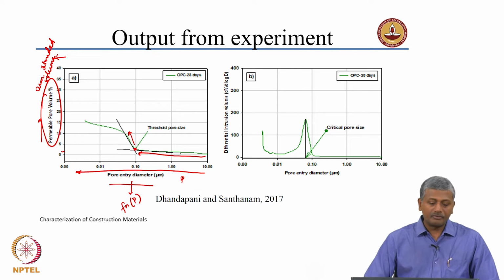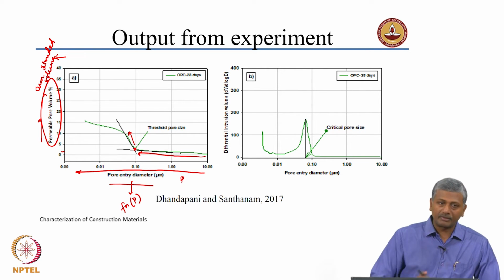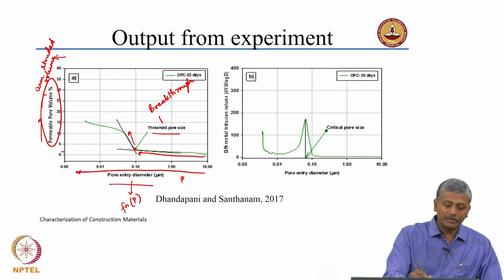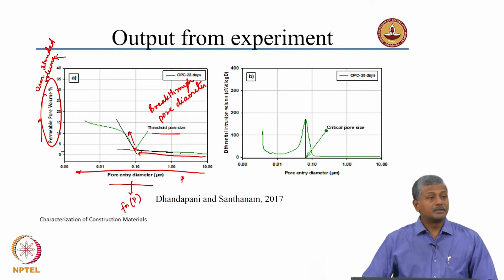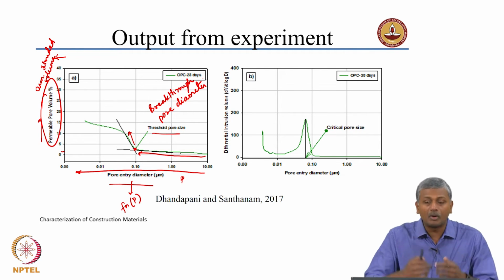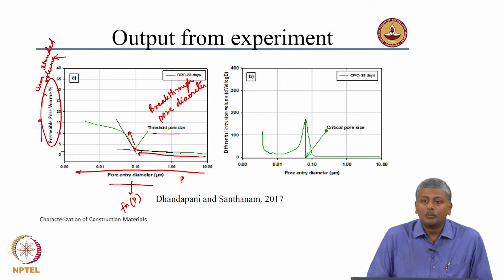So, very often this sudden rise that happens from an almost asymptotic sort of a graph is called the threshold pore size or breakthrough pore diameter. Okay. The point of sudden increase in the amount of mercury that is intruding is called the threshold pore size or breakthrough pore diameter.